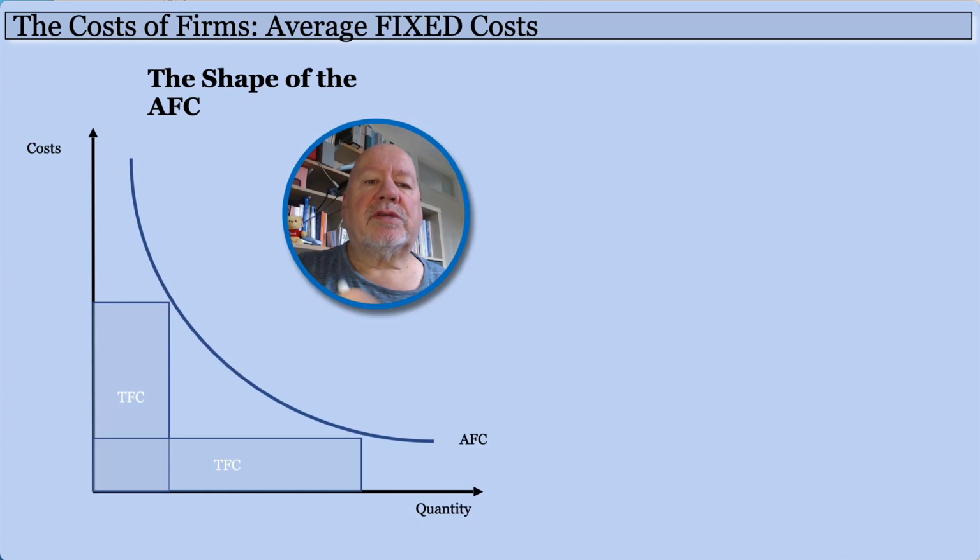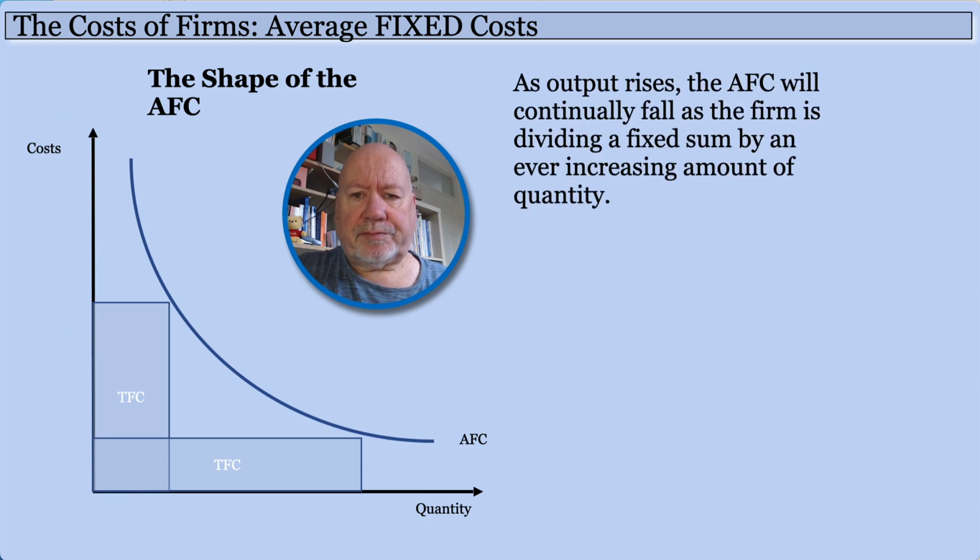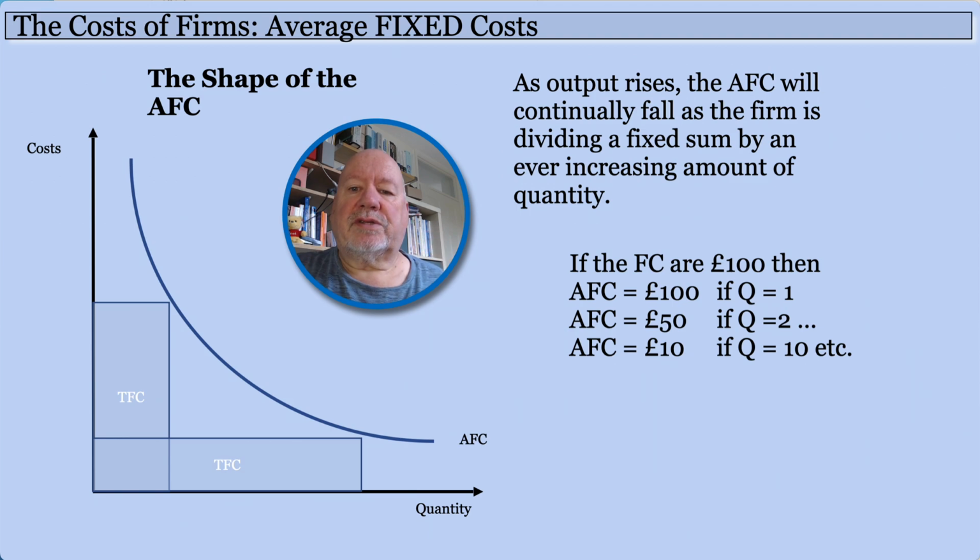Okay, so this is the shape of the average fixed cost, and the reason is that as the output rises, the average fixed cost is going to continuously fall and it won't hit the axis, because what you're doing is dividing this fixed sum of fixed costs by an ever increasing quantity. So if your fixed costs are 100 and your quantity was 1 here, you would be having £100 of average fixed cost.